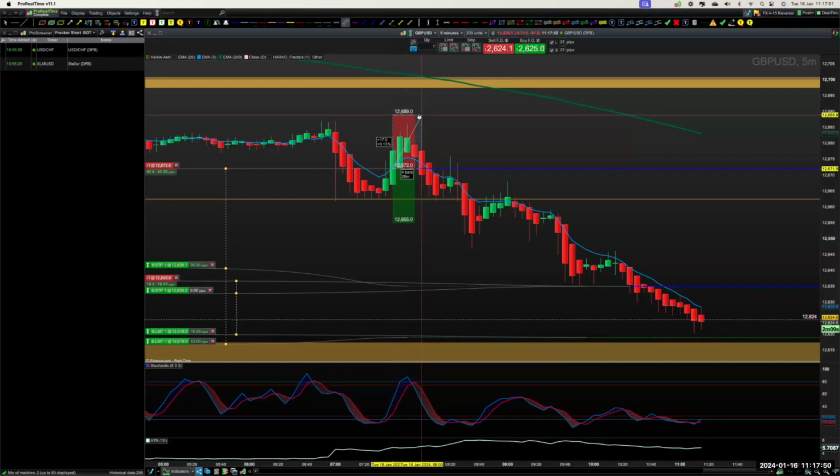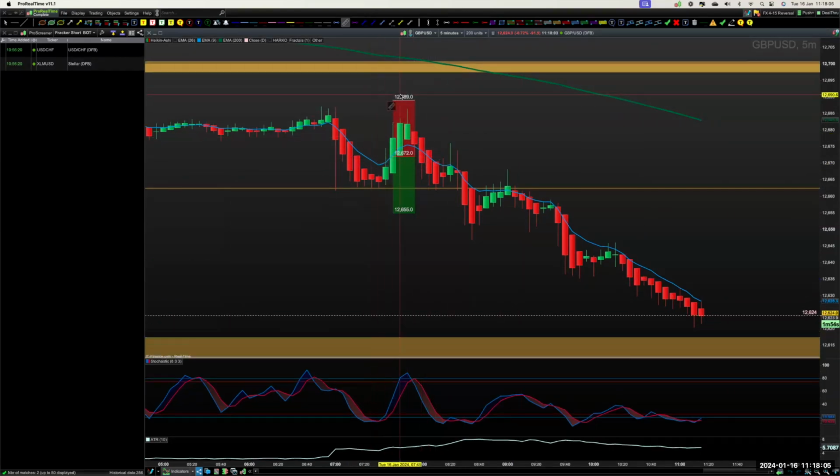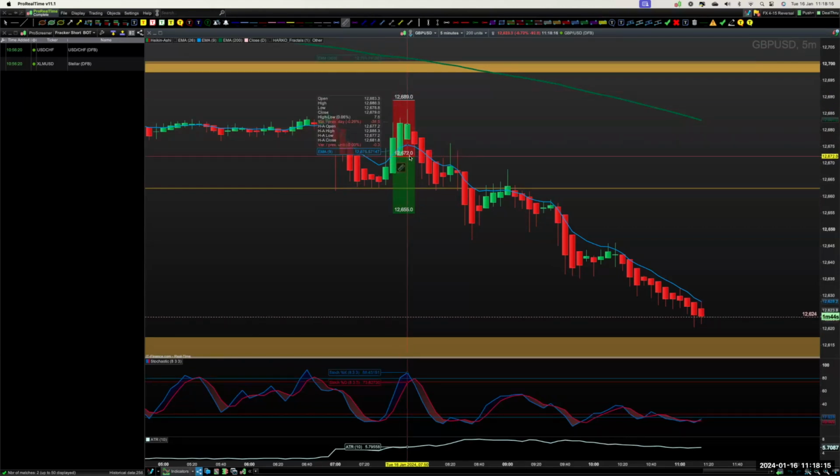Is it 18 or 17? 17 pip stop. So on this one, we've done quite well really on that one particular trade alone. It's already 2.5% up. But where the market runs down, when you've got the market running, we'll just call it, this is a hypothetical trade, the market moves off. Now, there are a few things you can do.